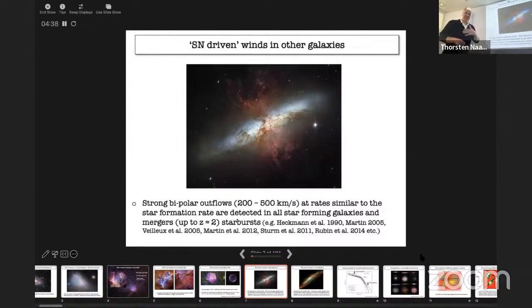I think at the moment it's unsolved. We have some ideas, but these winds are qualitatively very important for galaxy formation, because if galaxies did not develop these outflows, we would have no spiral galaxies in our universe. I think this is one of the qualitative results of cosmological simulations of the last 25 years or so.